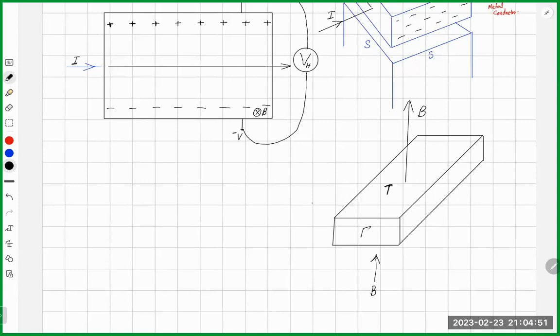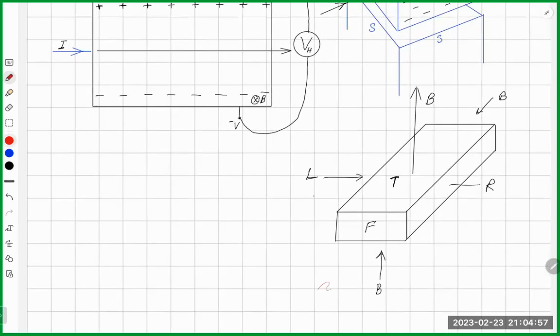When there is a current which is passing in this direction, this is the direction the current enters the conductor. Okay. Which two sides should actually develop this potential difference?